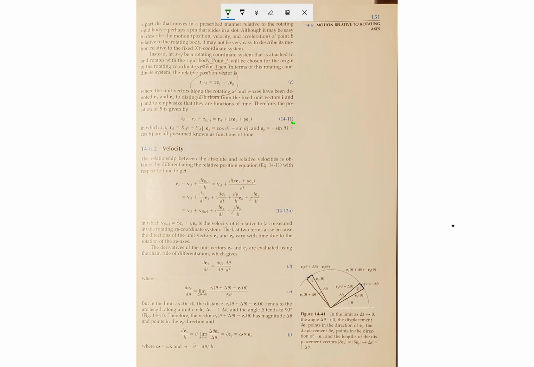Okay, so section point 2, velocity. And then we have acceleration. I hope that that's not a surprise.